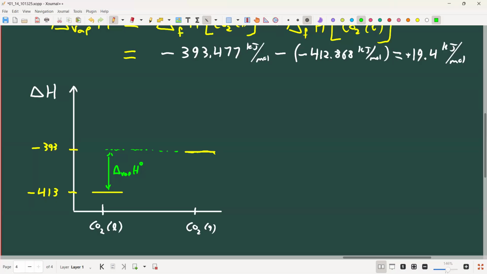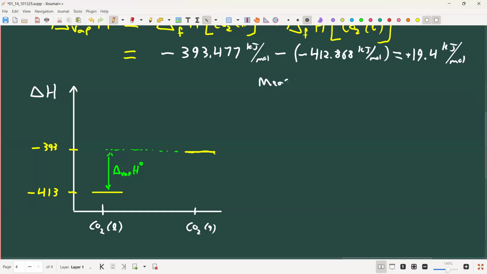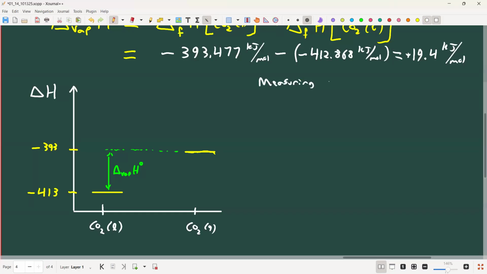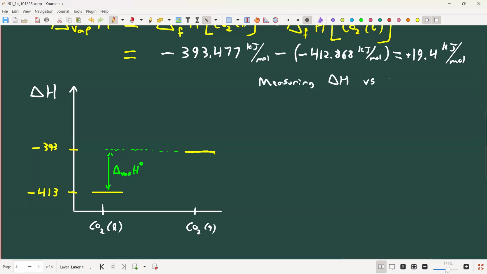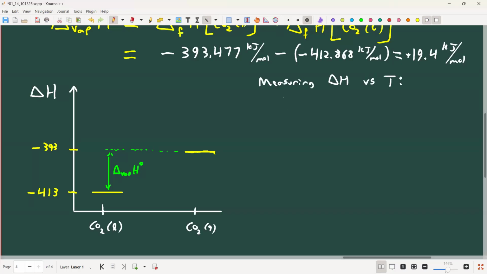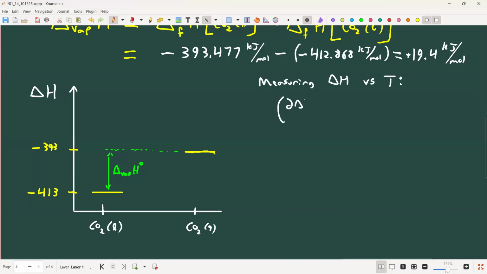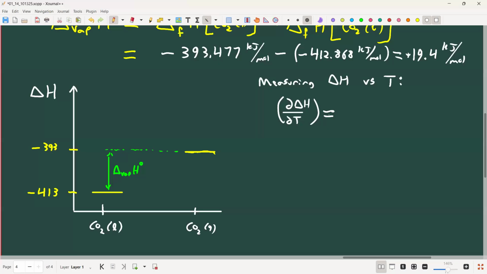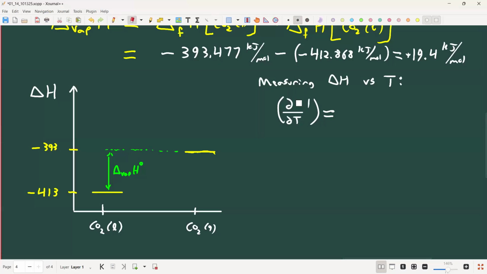Well, we have an equation for that. We have the equation that the derivative of the enthalpy with respect to temperature is equal to the heat capacity at constant pressure. Let me get rid of the delta H, that's confusing.